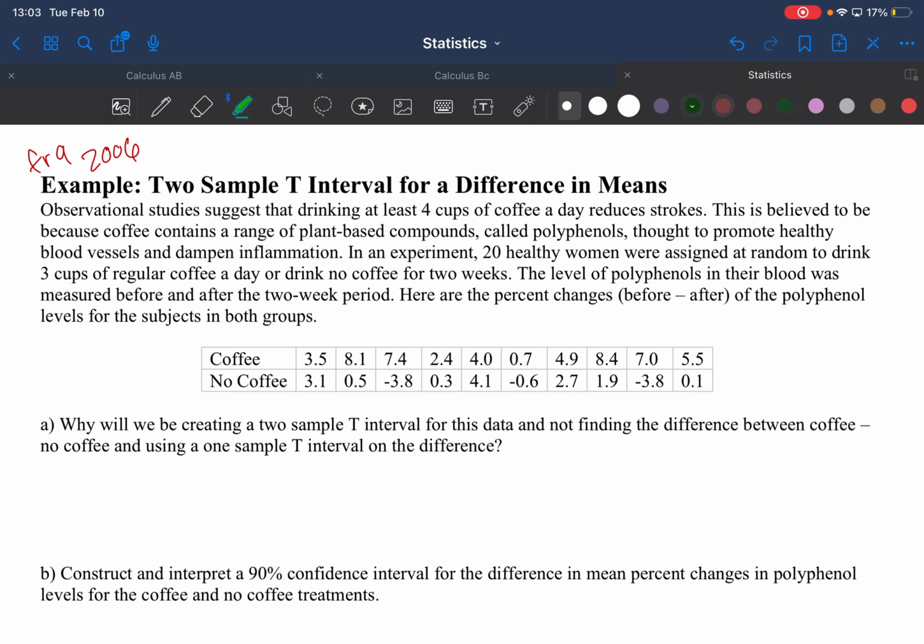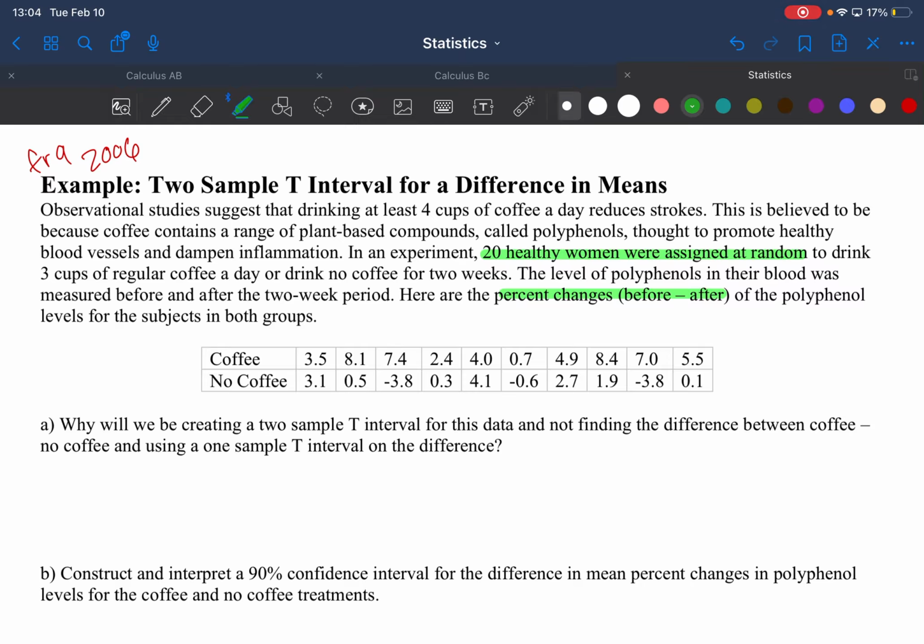In an experiment, go ahead and highlight this, 20 healthy women were assigned at random to drink 3 cups of regular coffee a day or drink no coffee for 2 weeks. The level of polyphenols in their blood was measured before and after the 2-week period. Here are the percent changes, so before minus after, of the polyphenol levels for the subjects in both groups.